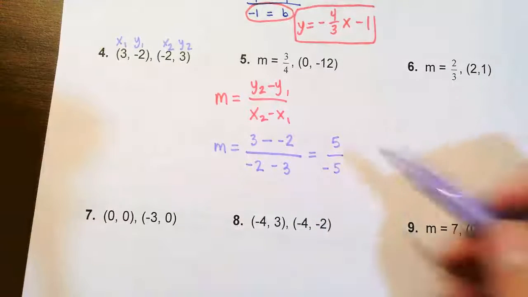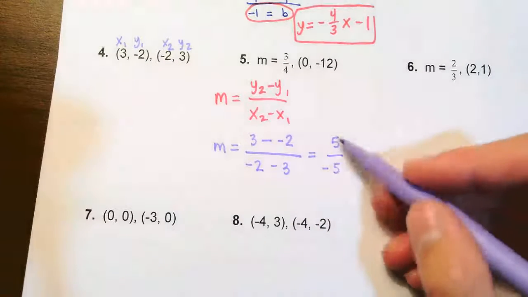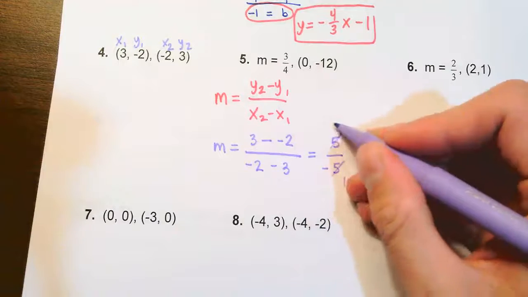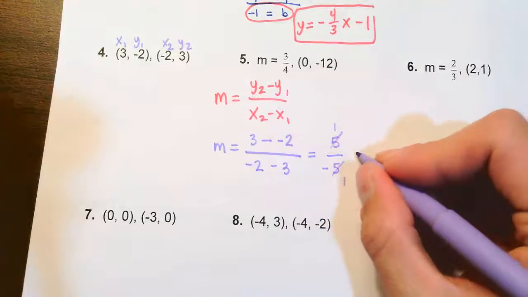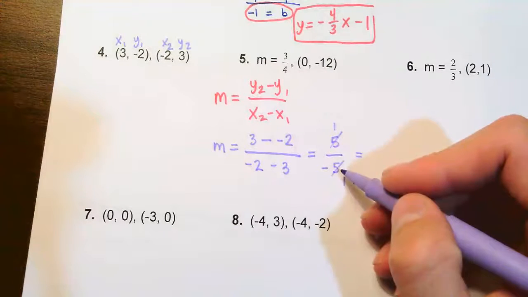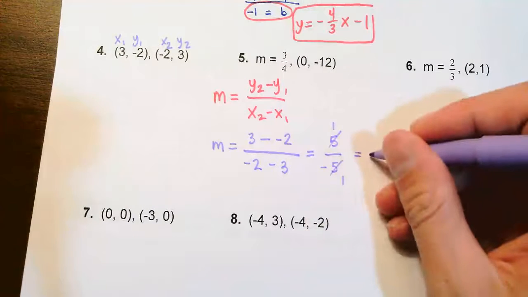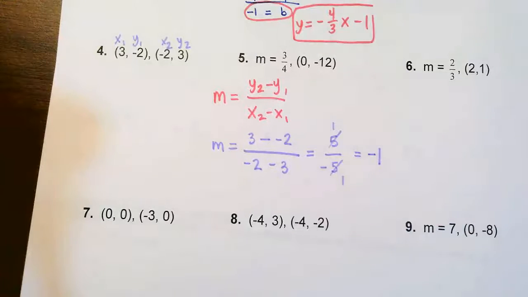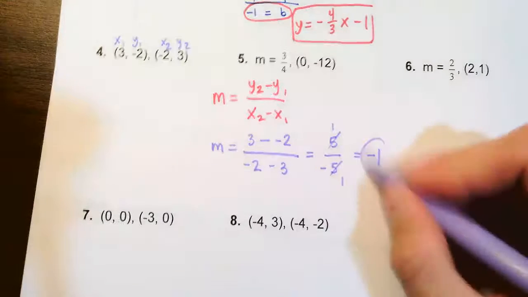You always want to have slope in reduced form, so 5 over -5 simplifies to -1 over 1. Since this can be expressed as a whole number, we'll write it that way, which is negative 1. So that'll be our slope.